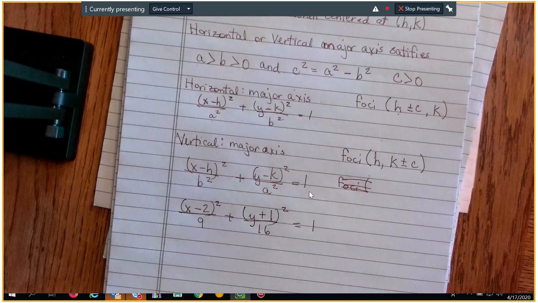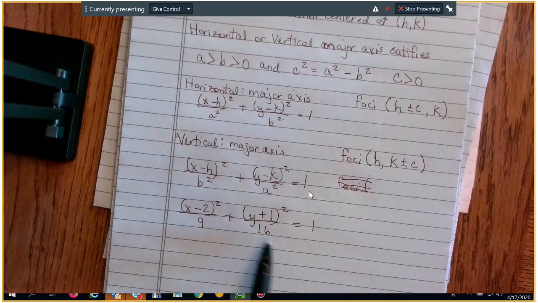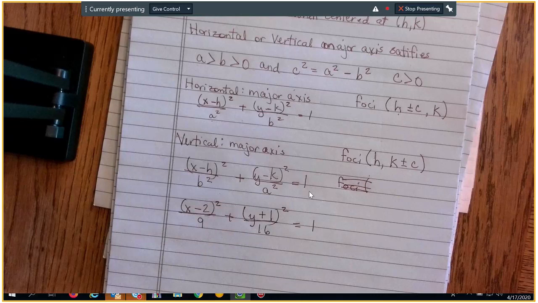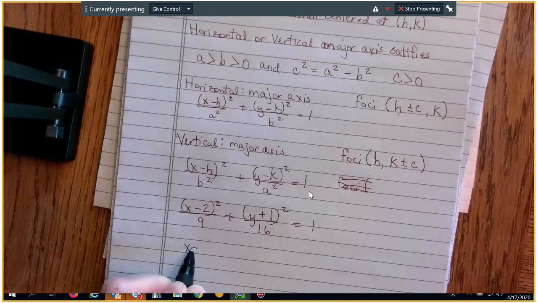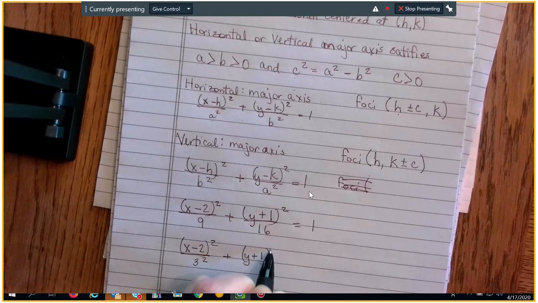If I take the square root of 9, that's going to be 3, and if I take the square root of 16, that's going to be 4. So remember, it's always going to be a squared and b squared in the denominator. So if I rewrite this as (x minus 2) squared all over 3 squared plus (y plus 1) squared all over 4 squared equals 1.